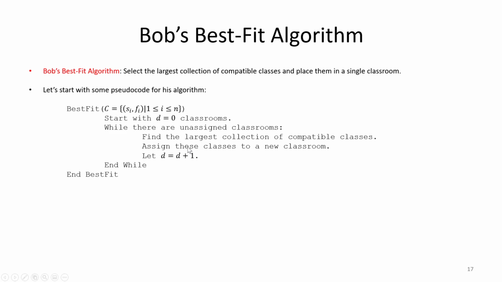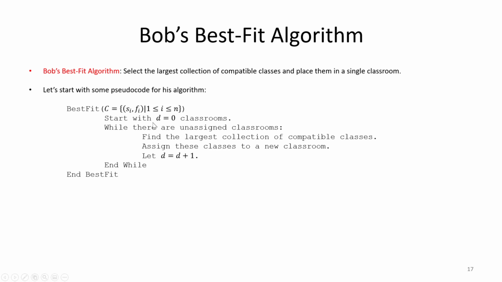Let's look at a quick set of pseudocode that I've whipped up here. Now the pseudocode is actually not adding too much to this, other than what I want to do is focus on this one step where we're finding the largest collection of compatible classes. And it's just because we want to highlight this. This is the problem we still have left open and we don't really know how to solve.